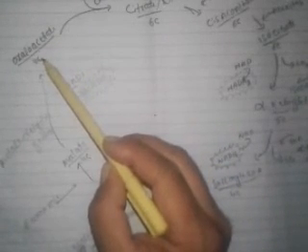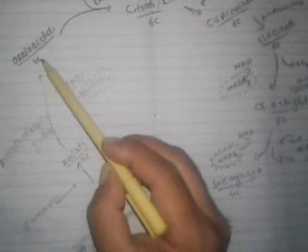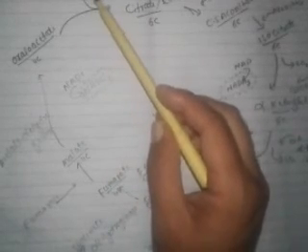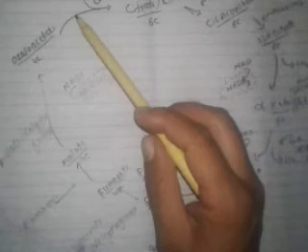In short, once again, oxaloacetate is a 4-carbon compound present in the mitochondria. It combines with acetyl coenzyme A, a 2-carbon compound which came from the link reaction. When these combine through the enzyme citrate synthase, they make citric acid, a 6-carbon compound.